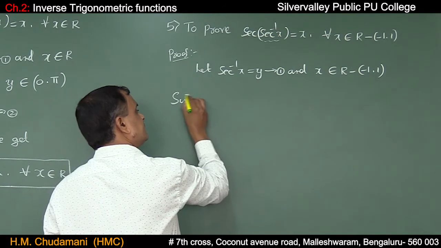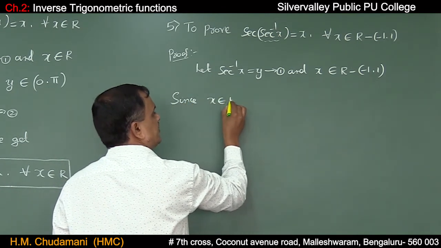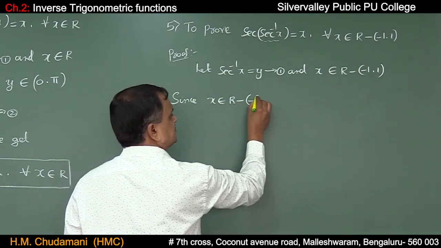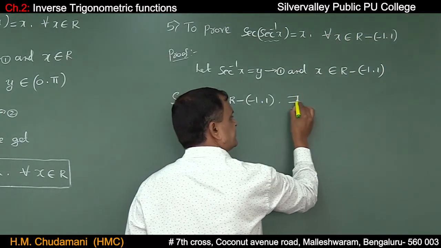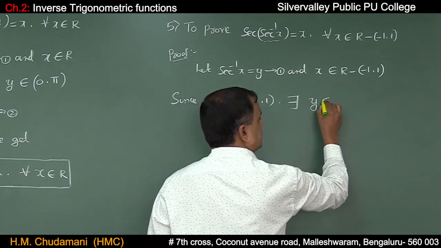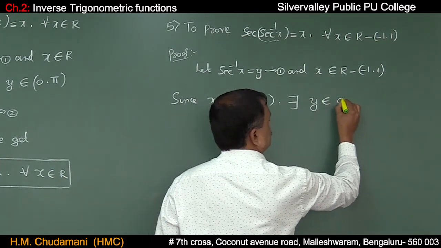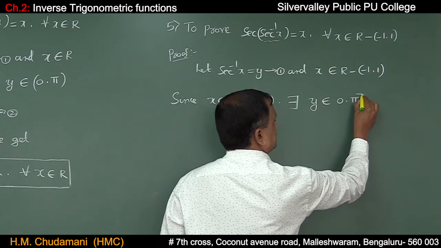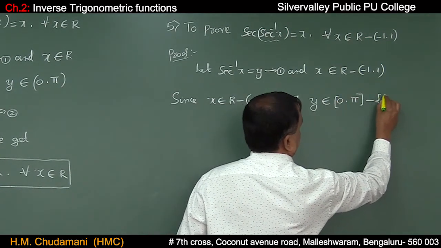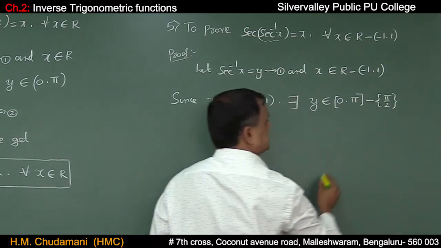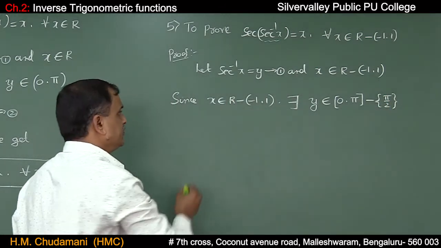Since x belongs to the real numbers except minus 1 comma plus 1, there exists a unique y belongs to the closed interval 0 comma pi except pi by 2.